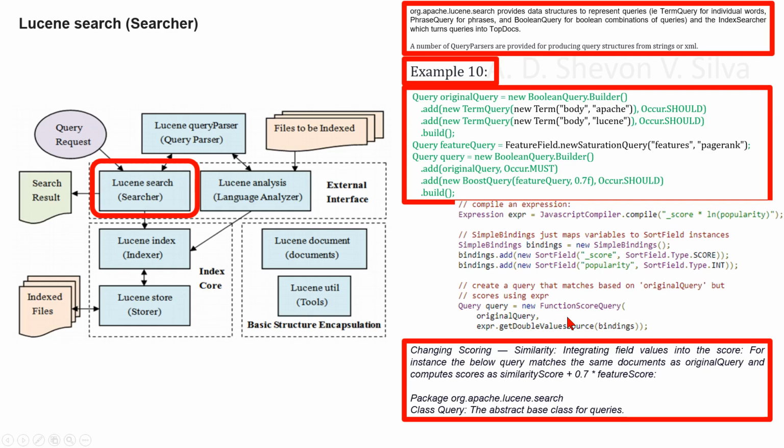From the queries module. For instance, this example shows how to compute score as similarity score multiplied by math.log popularity, with the similarity scoring using the function score query from the queries module, using the expressions module.